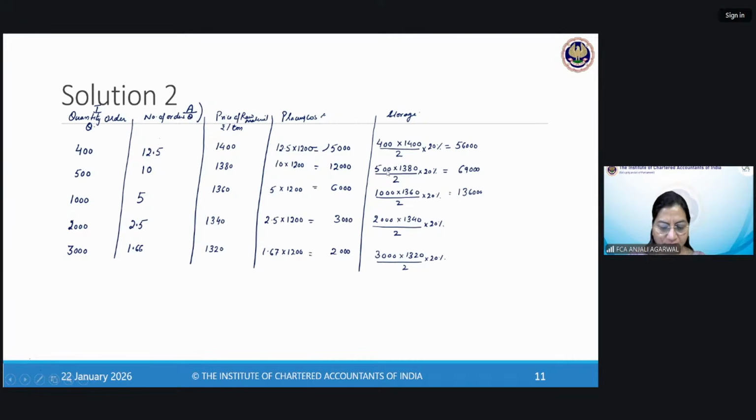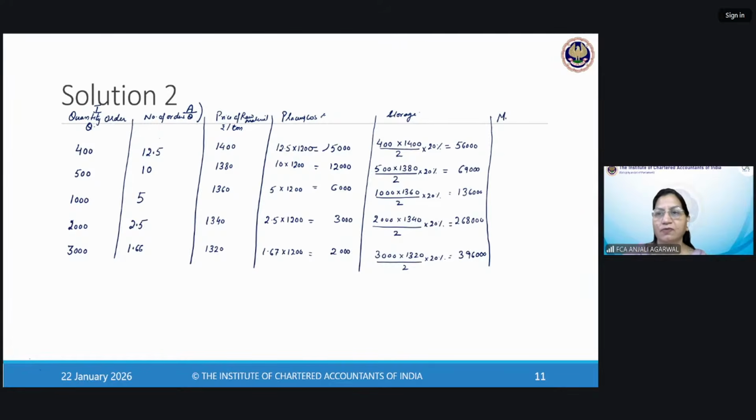Then 2,000 into 1,340 into 0.2 divided by 2: 2,68,000. So it didn't become 2,72,000, it is 2,68,000. And 3,000 into 1,320 into 0.2 divided by 2 will also give you 3,96,000. So these are your storage costs. And you can once again see that the storage cost keeps on increasing when the units ordered increase, whereas the placing cost drops.